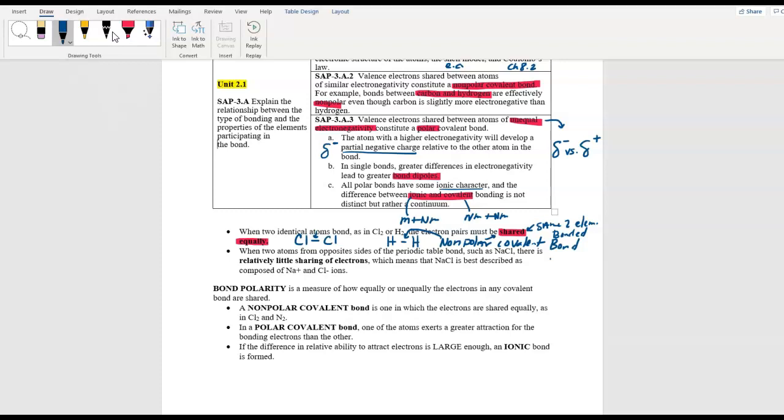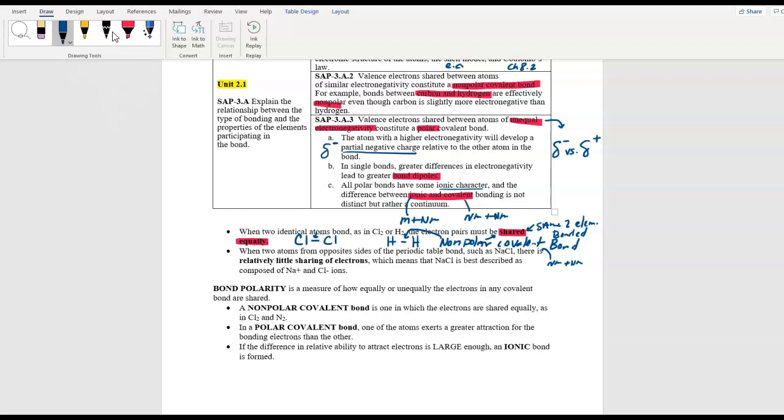Covalent means nonmetal and nonmetal, bonded together. So you have three terms right there in just one phrase. Once again, non-polar means shared equally. Covalent means nonmetal, nonmetal, and they're bonded together.